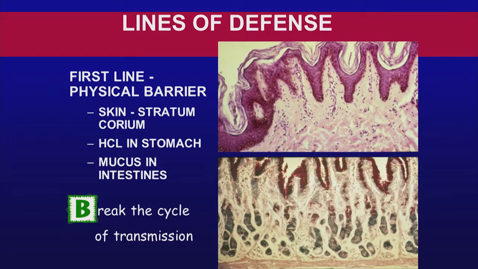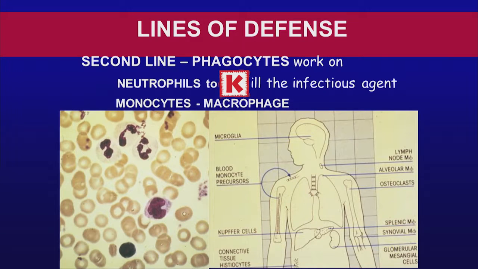And so you want to break the transmission, and that's what the physical barrier does. It breaks the transmission of things coming in. Also, you want to kill the infective agent. Now, all over the body, we have macrophages. We call them different names. Could be in the liver, could be in your skin, it could be in your respiratory system, could be in your blood.